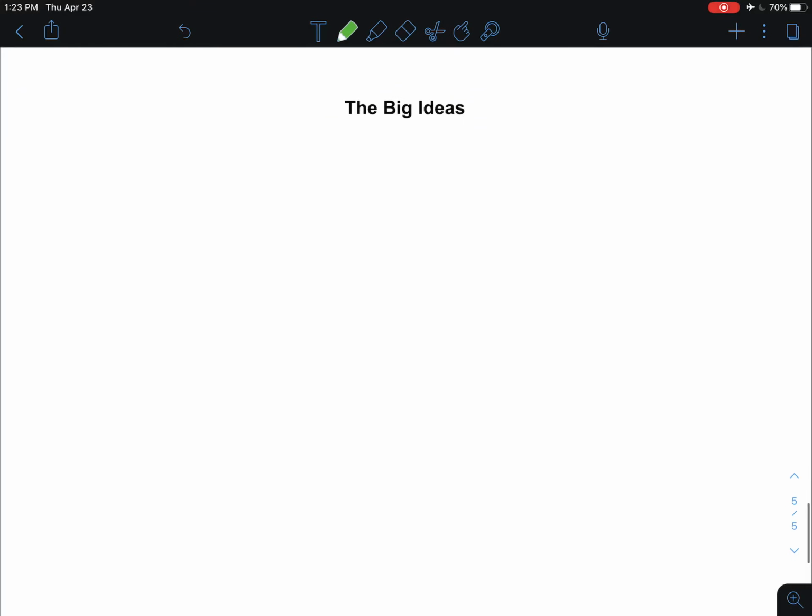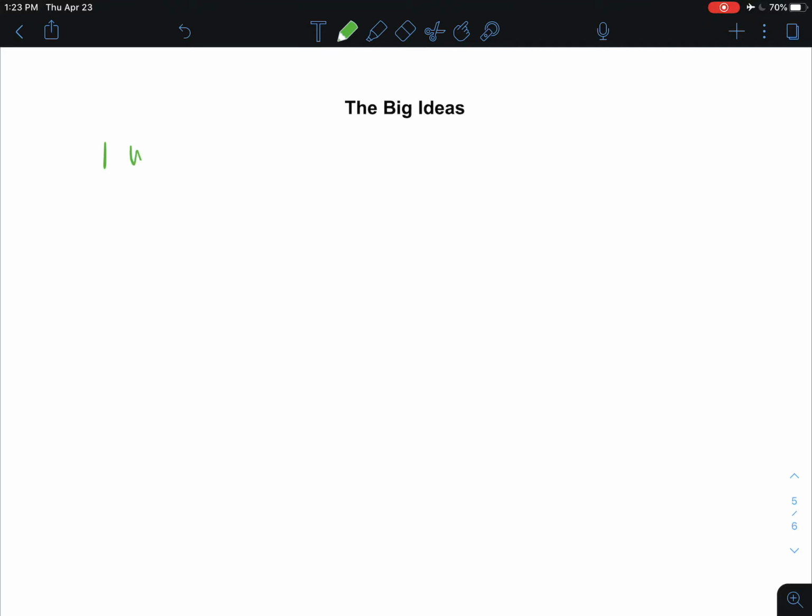Okay, so now let's talk about the big ideas. So the one key thing I want you to get out of this is that there are two interpretations, two graphical interpretations that are kind of worth considering when we're looking at solving rational equations.